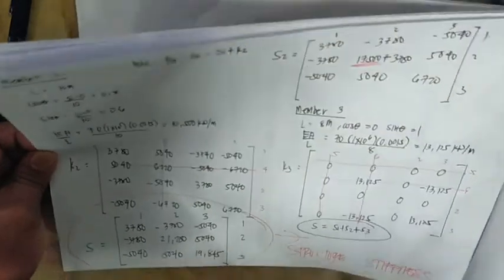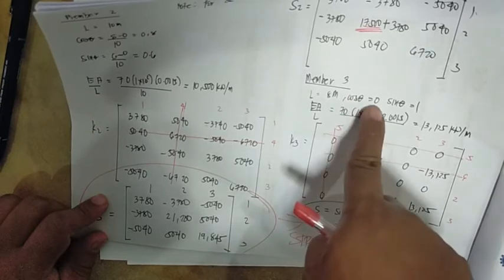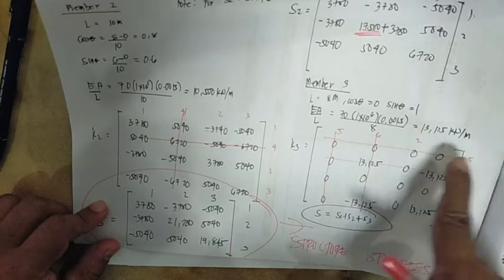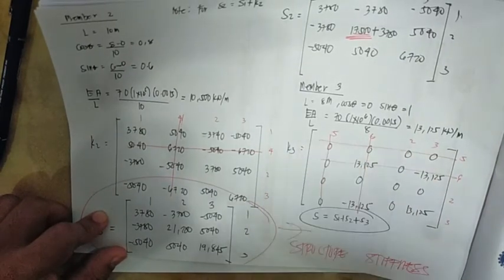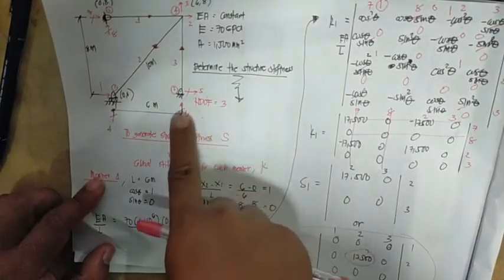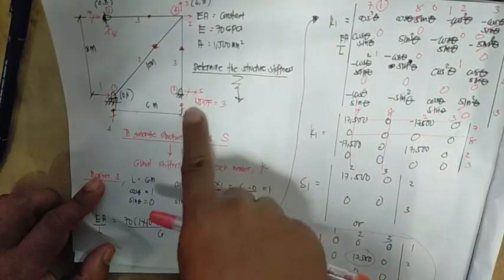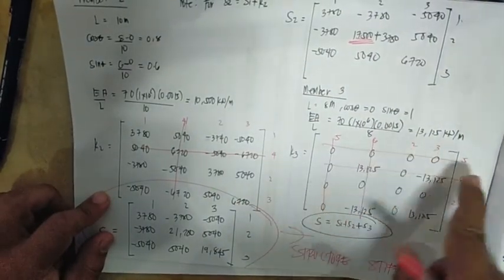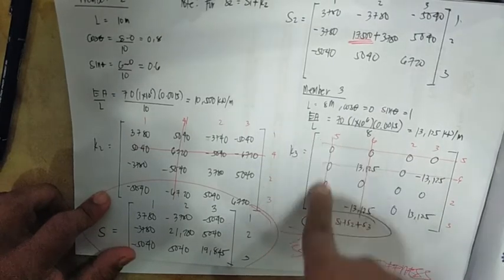Okay? For member 3, I just make it shortcut. L is 8, cosine is 0, sine theta is 1. Then EA over L is 13,125. Then create now the global stiffness. So again, go back to the free body diagram. Here is 5, 6, 2, 3. Then remove which is not necessary.